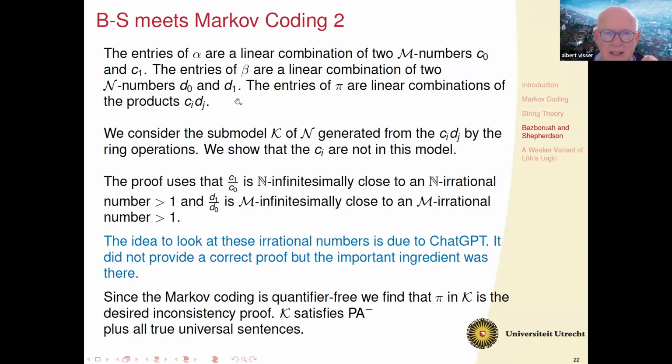So that's easy to see. And then we simply look at N. So N is our big model, our biggest model, and simply take the submodel generated by the CI by the ring operations. And then the whole work is to show that the CI are not in this model.